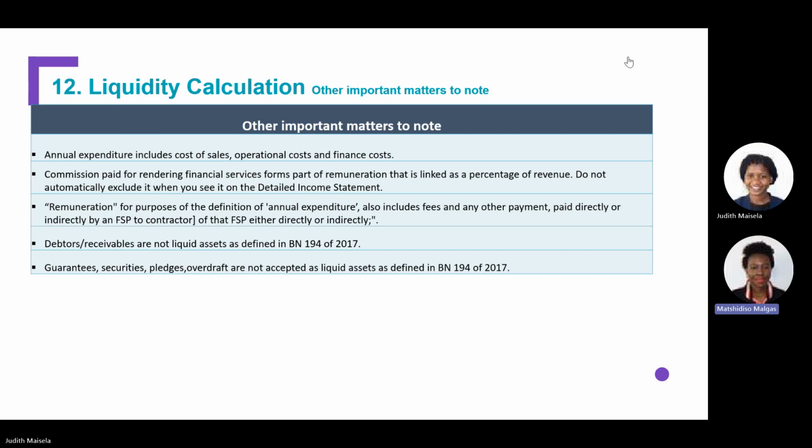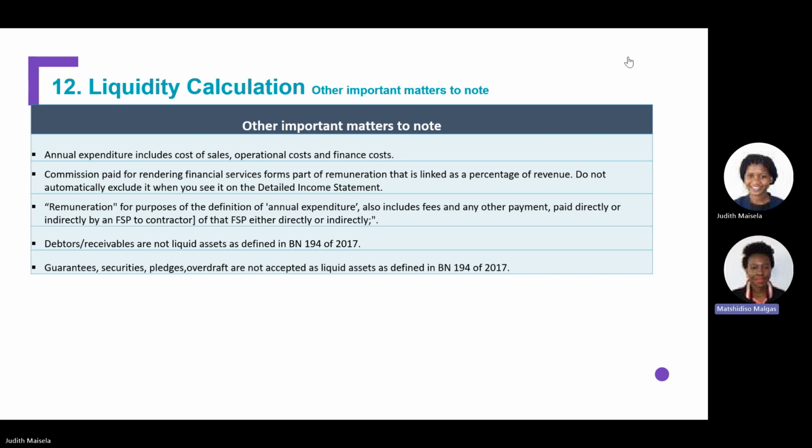And it is important that commission must be deducted from the annual expenditure. That is commission paid to employees or to representatives for rendering of financial services, as this is linked to a percentage of the revenue. Please do not exclude commission. We see that in most cases, FSPs exclude commission from remuneration.